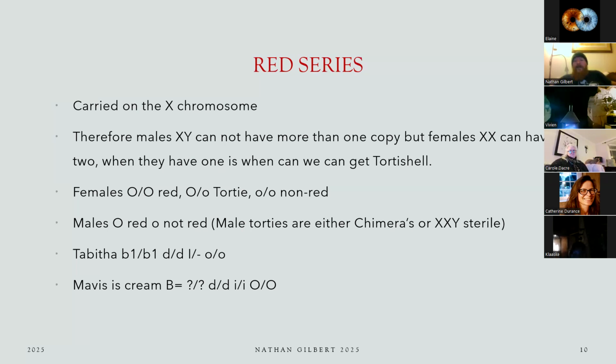Or the rare genetic syndrome where they're XXY and they're almost 100% sterile because it's genetic. They have an extra chromosome, and therefore they're able to be torties, but they're generally sterile.